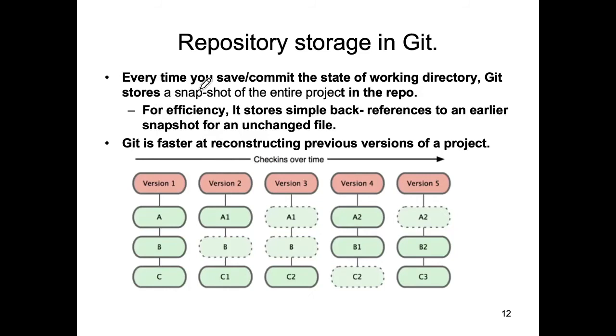Now that may sound inefficient, but it's kind of clever in the way that it does it. Whereas in the previous screen, it was taking deltas rather than complete snapshots of files. So here I'm saying it is faster. Okay, that's fine.